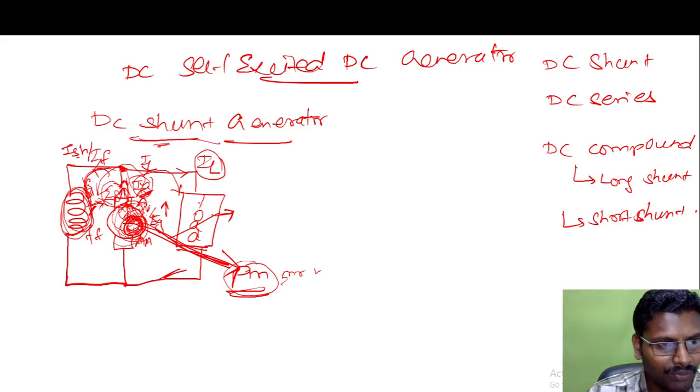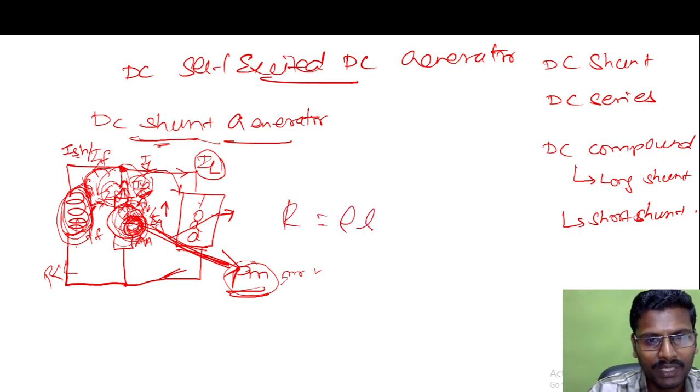And the field coil number of turns will be higher, and the resistance will be very high, because R is equal to rho L by A. The length of the conductor is directly proportional to resistance. If the length of the conductor increases, resistance will be high, right?